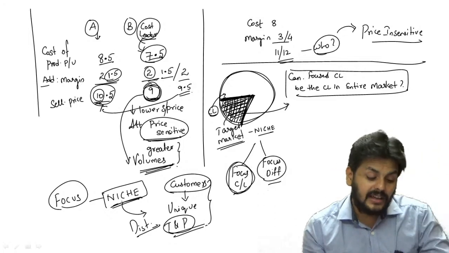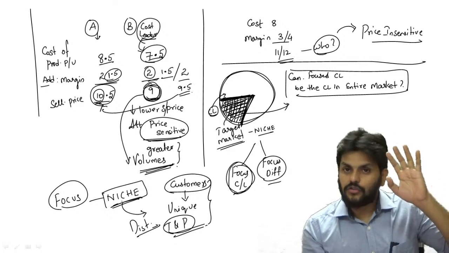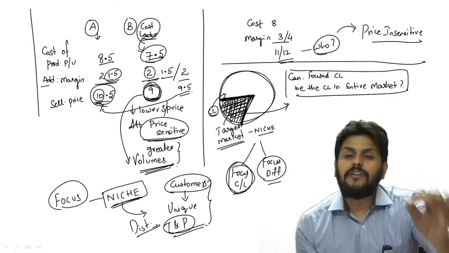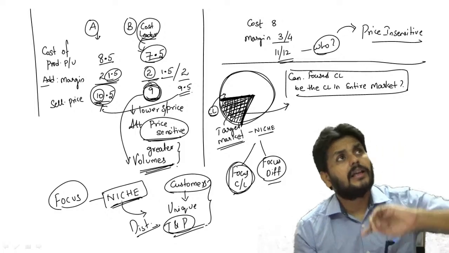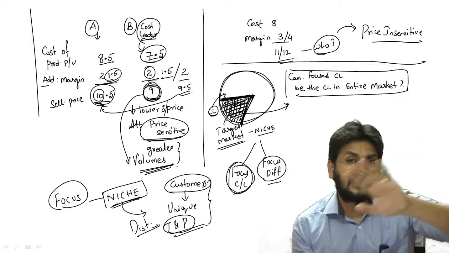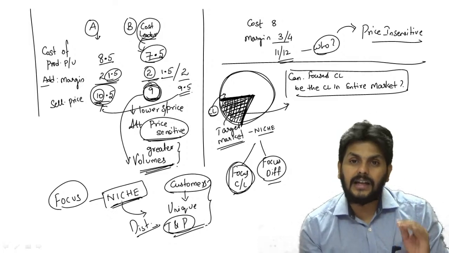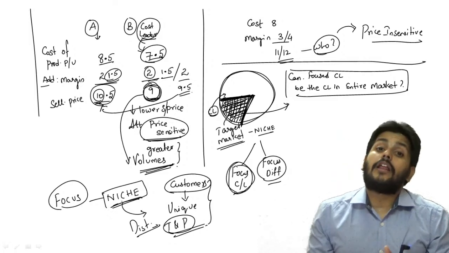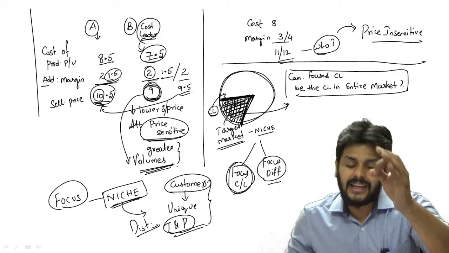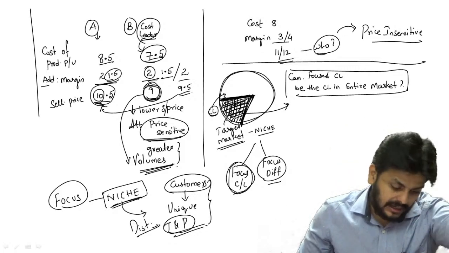It is not compulsory. It's not necessary that if he is a cost leader in the niche market, he is a cost leader for the entire market. No, I'm not saying that. But if he is a cost leader in the niche, there are all possibilities that he can be the cost leader in the entire market.